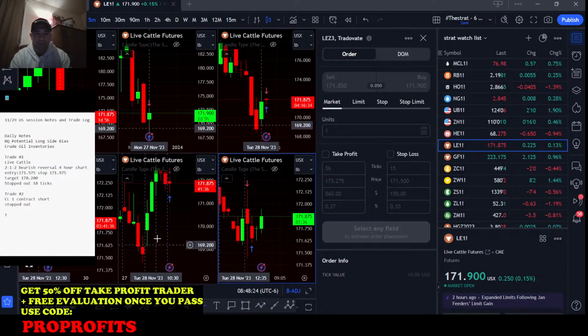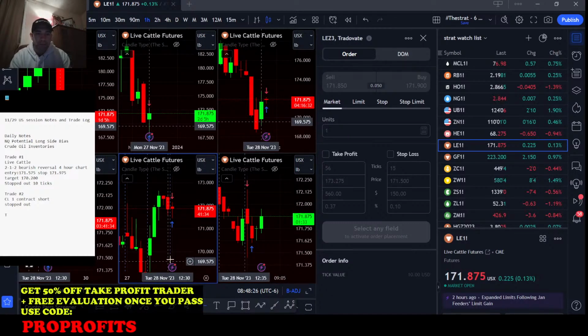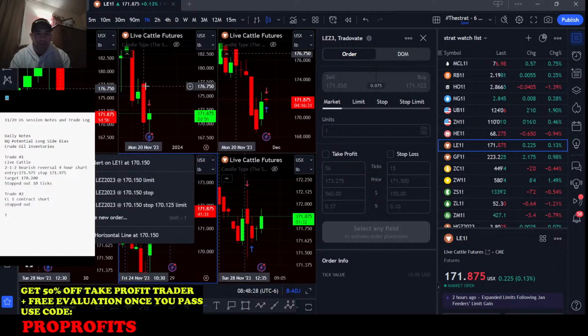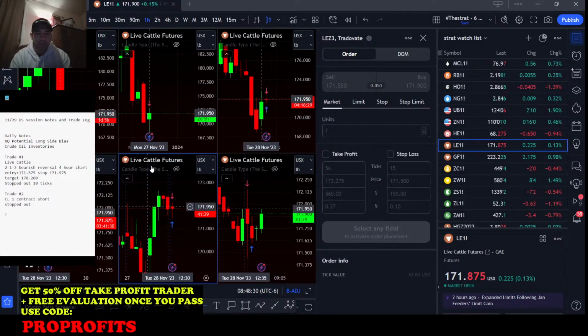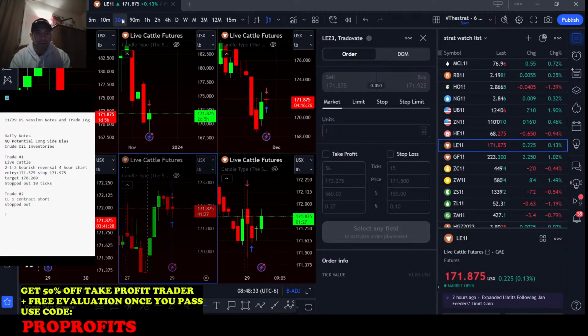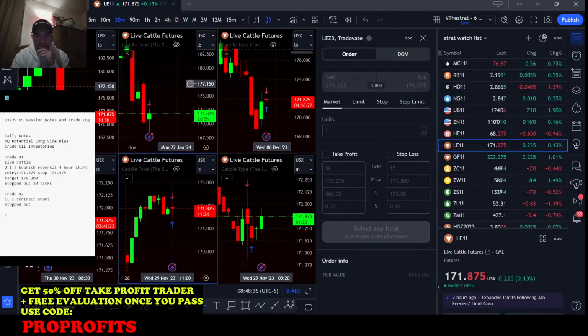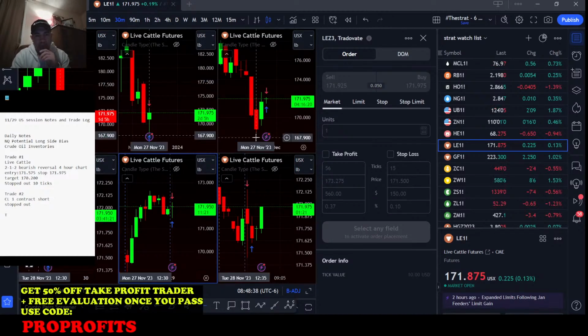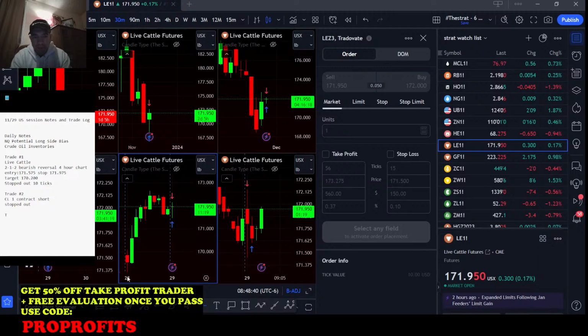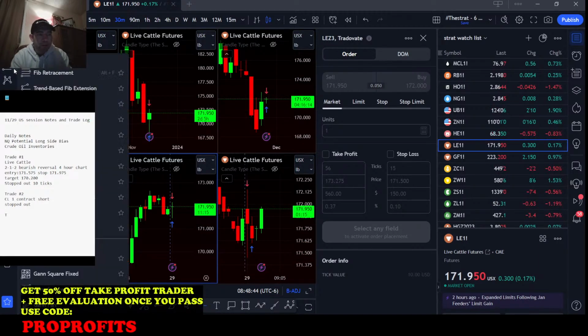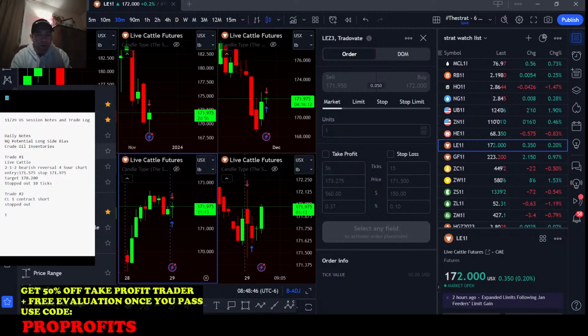I don't really have an entry right here, but time frame continuity on this trade sucks. Okay, that's a good entry. We'll take 1 unit. Let's go long.